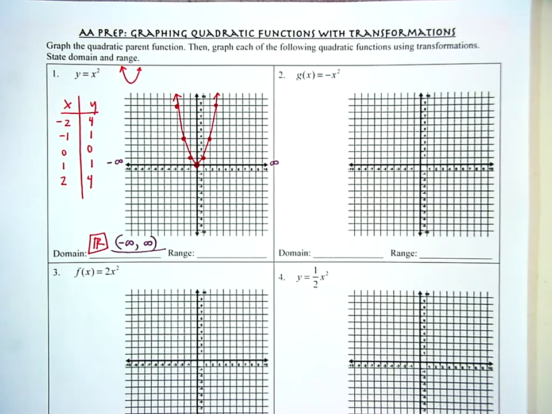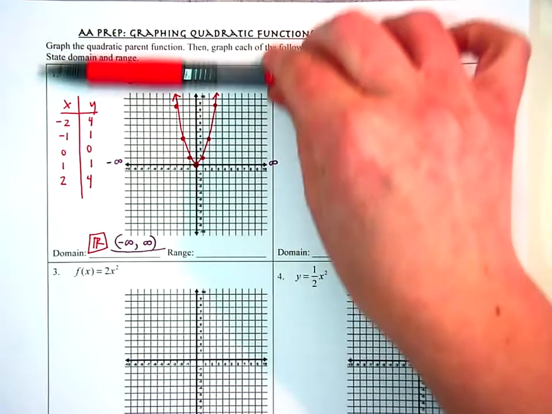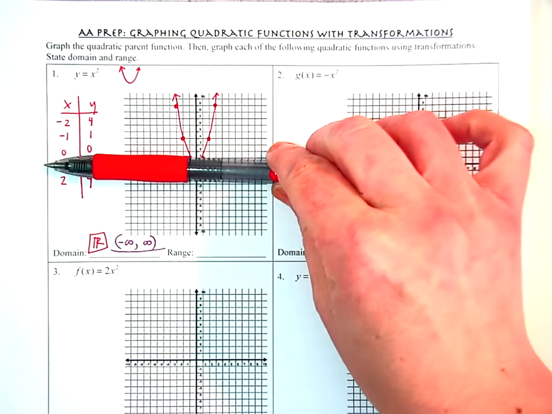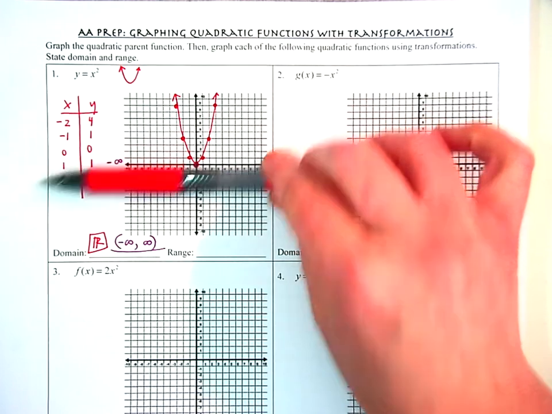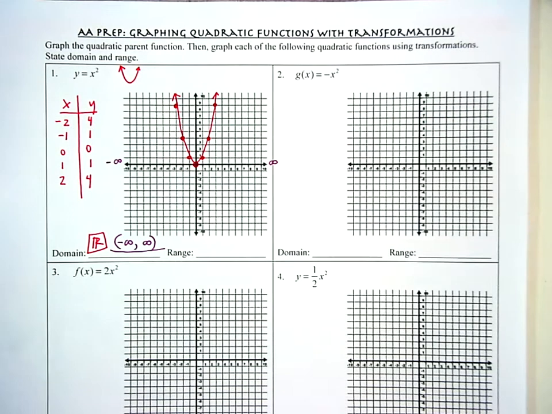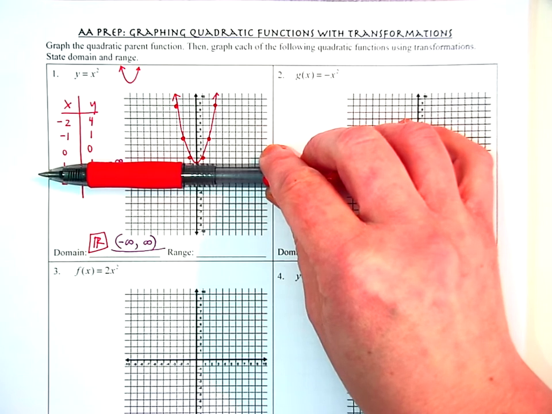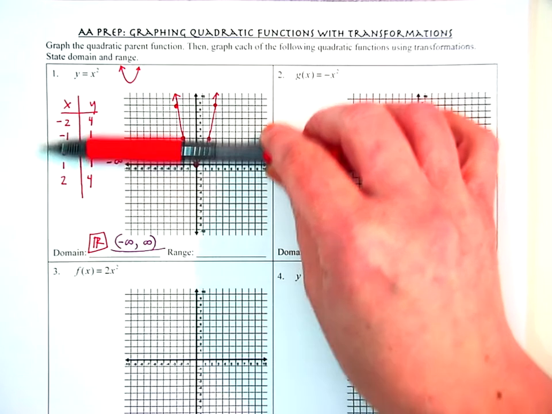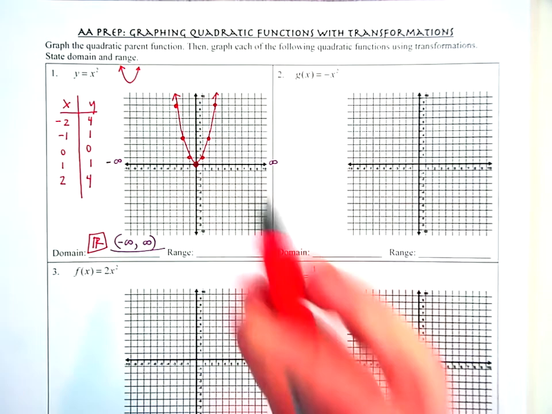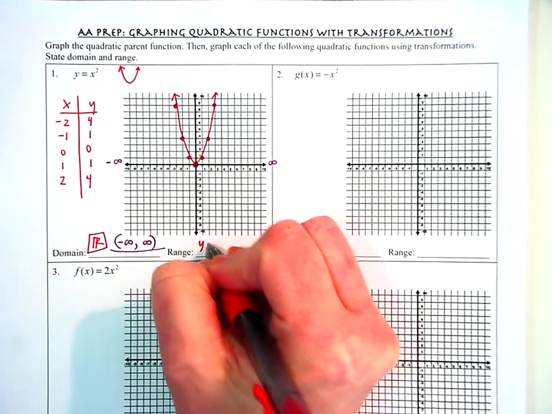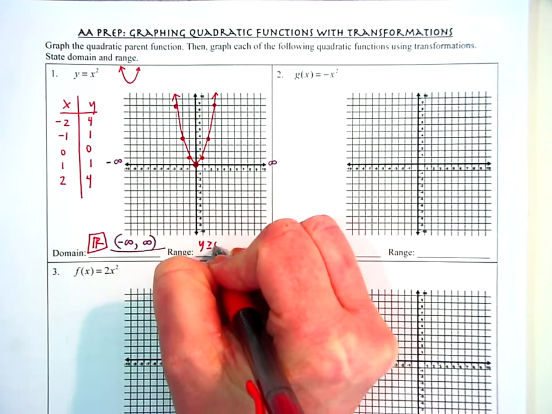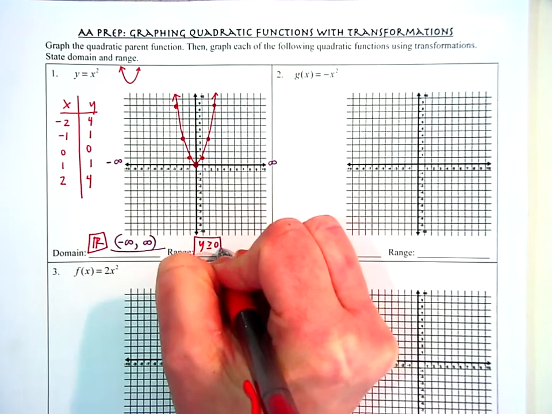Okay, the range. So here if I'm looking at it bottom up, the smallest value that y can take, my range is always the values that y can take. My smallest value right there is at the vertex with the y value of 0 or anything more than that. So I could write that as y is greater than or equal to 0. That's fine.